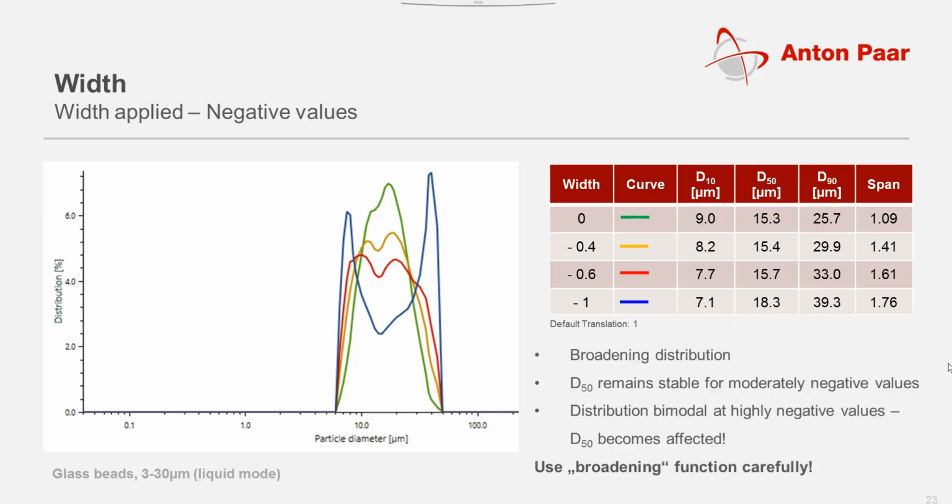Consider that D50 remains stable for moderately negative values, but distribution becomes bimodal at highly negative values, where D50 is strongly affected. The width or broadening function should be therefore used very carefully.